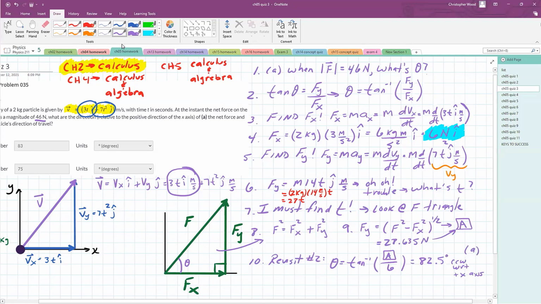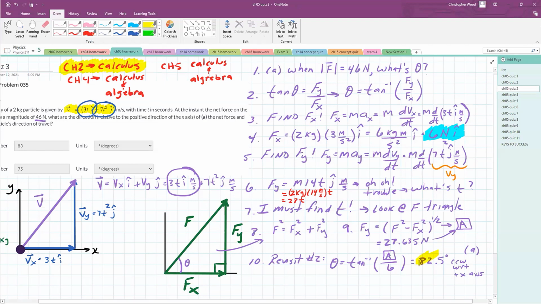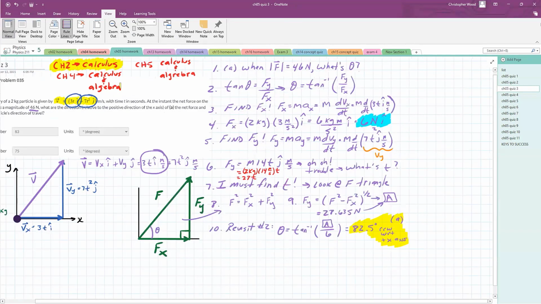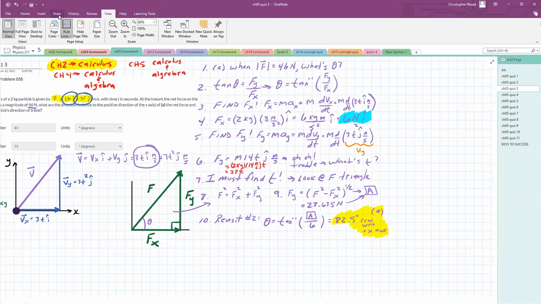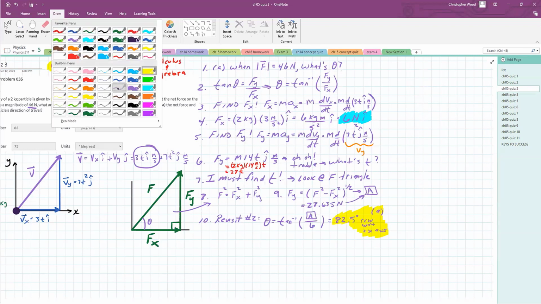So congratulations to us. That is the direction of the force on this object when it happens to have a magnitude of 46 newtons, or whatever your number is. Let's do part B. Part B is number 11.